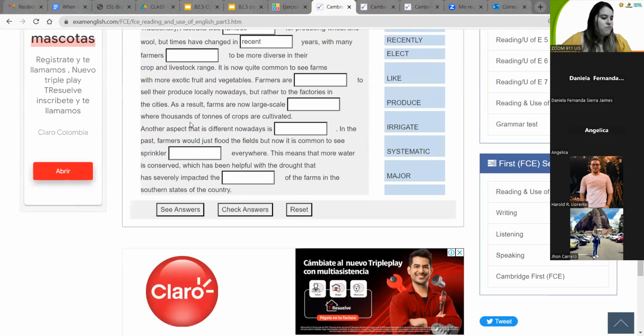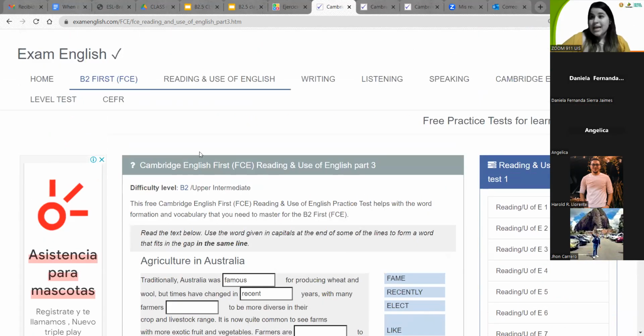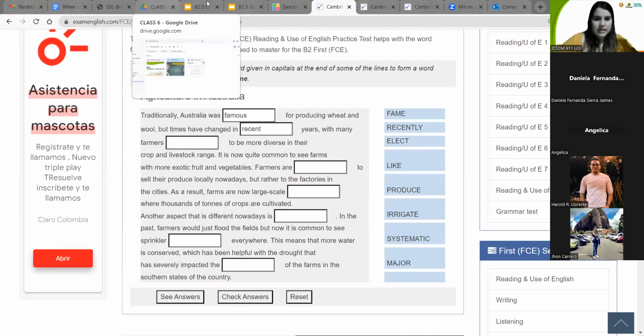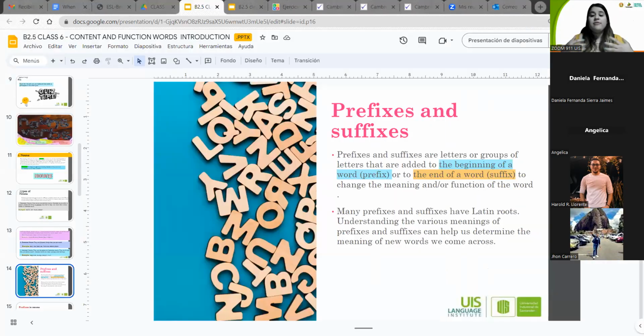So basically that's what we did yesterday. We did some practice about it, so let's move on here to prefixes and suffixes. Many prefixes and suffixes have Latin roots. Understanding the various meanings of prefixes and suffixes can help us determine the meaning of new words we come across.